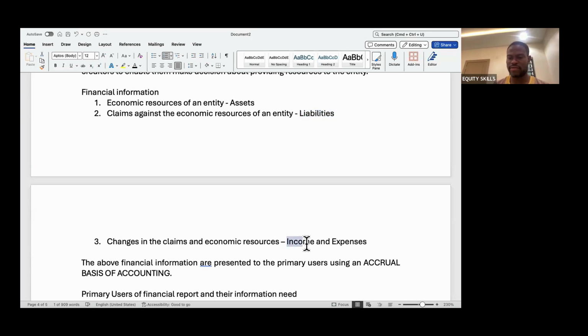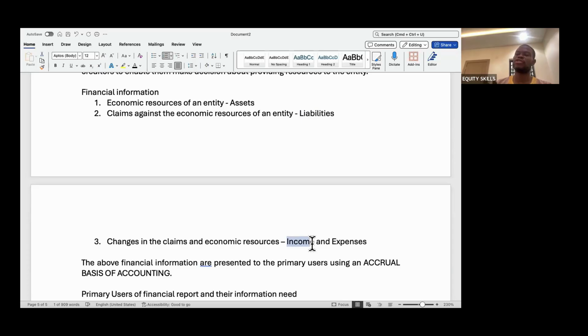So the only part Philip mentioned is income, that you recognize revenue and other income when you have already earned it, when you have already worked for it, you have worked for the money.